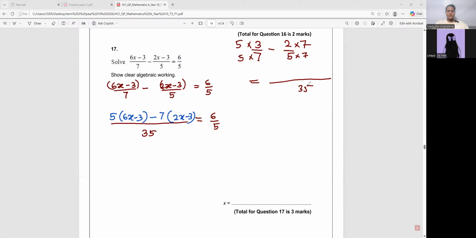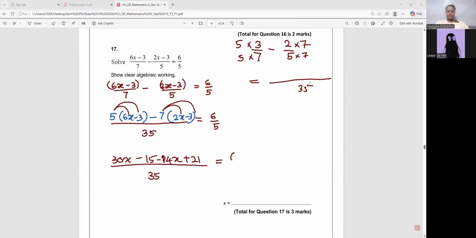Then we can expand it, remove the bracket. 30x minus 15. Second bracket, minus 14x plus 21.